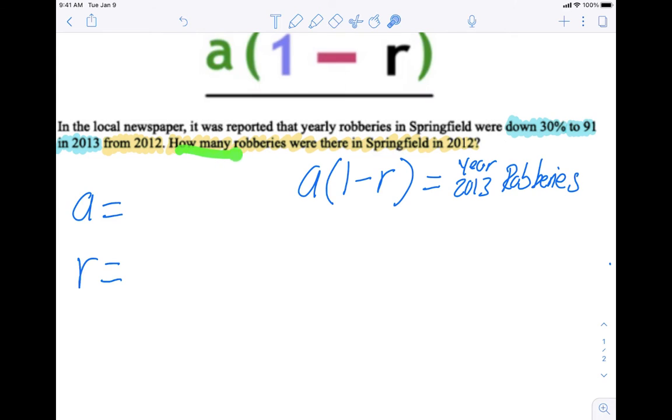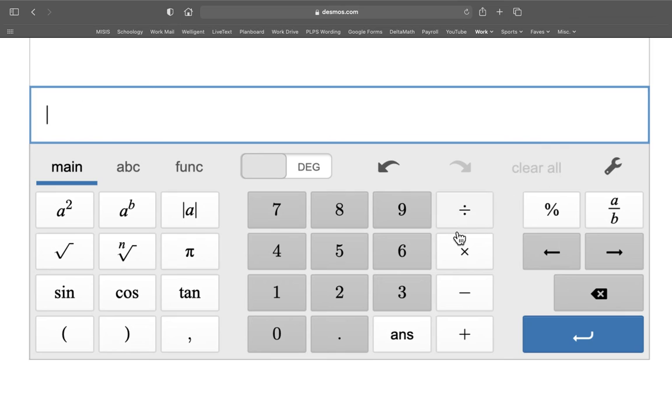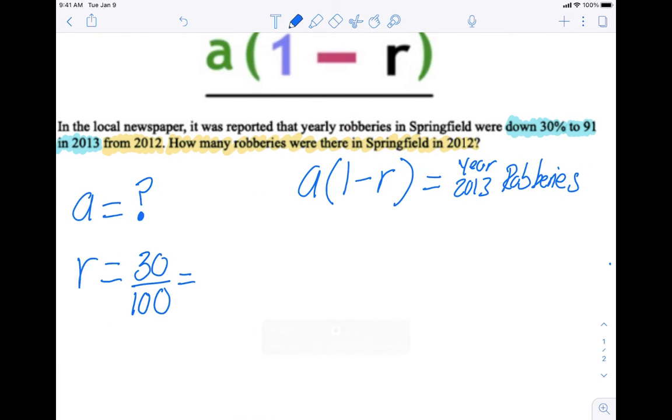And this says how many robberies were there in 2012. We don't know. So this is a question mark. We have no idea. Okay. R is percent. We know that. It went down 30%, right? So this is 30 divided by 100, and that's 0.3, right?